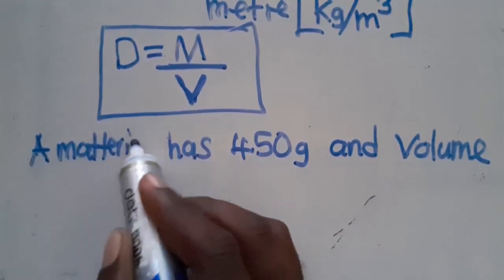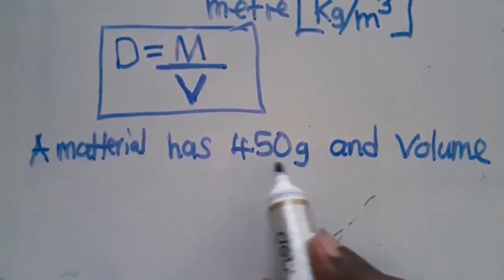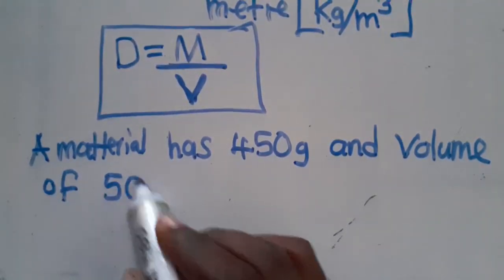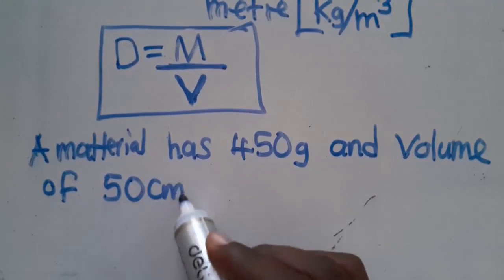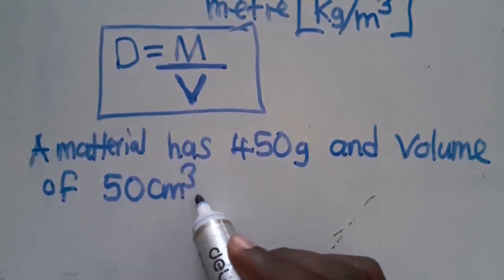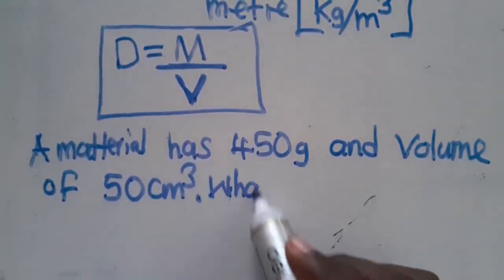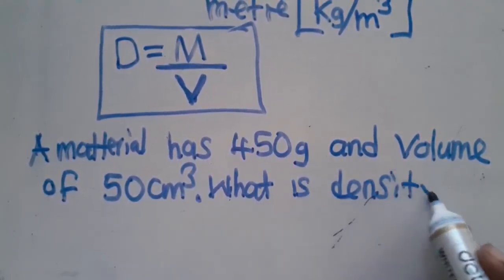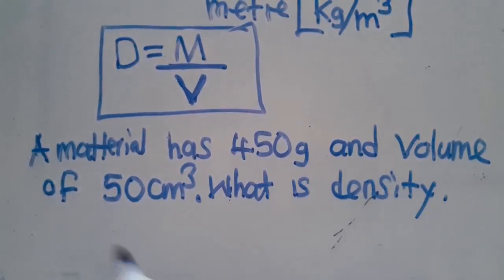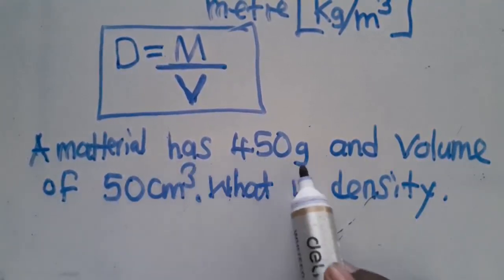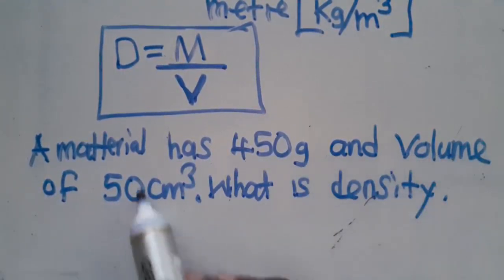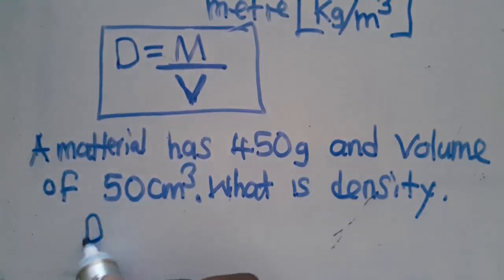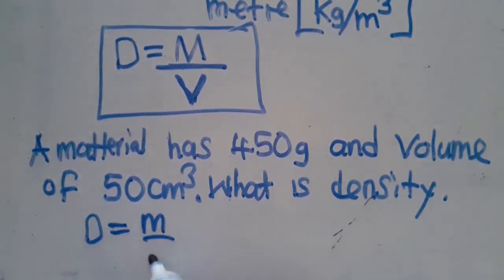A material has 450 grams and a volume of 50 centimeters cubed. What is the density? Have you seen the way this question is? You know that density is equal to mass over volume.